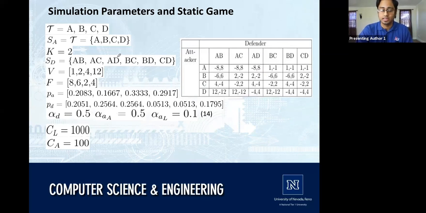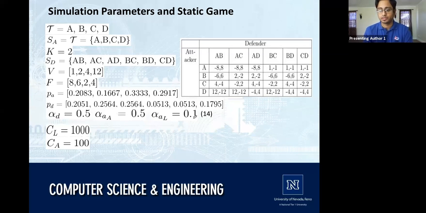for per IC. V is the reward vector, F is the find vector, PA and PD are both the initial probability, objective probability distributions of both the attacker and the defender over their strategies. The rationality of the defender is 0.5, the rationality of the attacker is 0.5 as well, and the deception rationality of the attacker is 0.1. Now, this was computed using equation 14 from the paper.